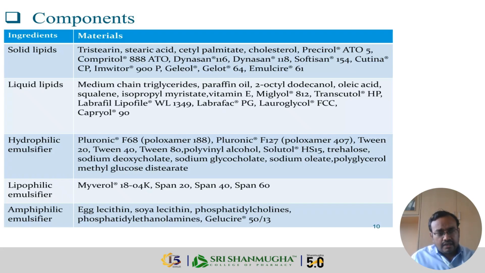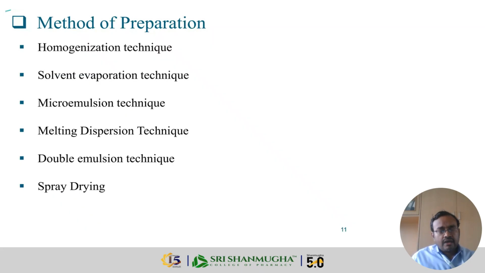Amphiphilic emulsifiers like Gelucire 50/13, egg lecithin, soy lecithin, phosphatidylcholines. These are the examples of amphiphilic emulsifiers. Okay, let's see the methods of preparations. There are several methods used for the nanostructured lipid based carriers.